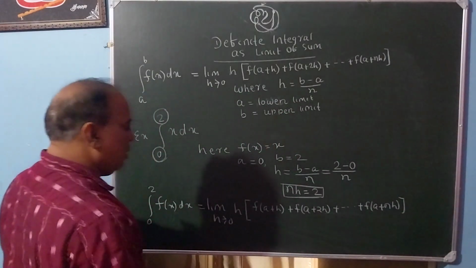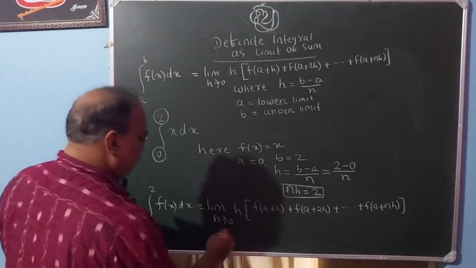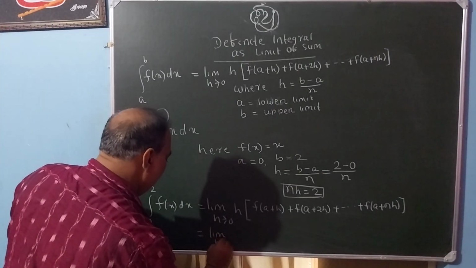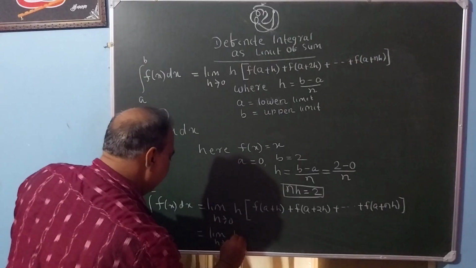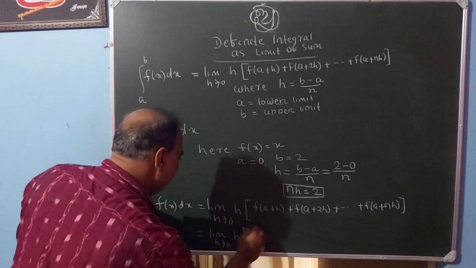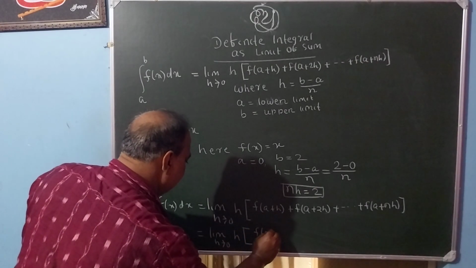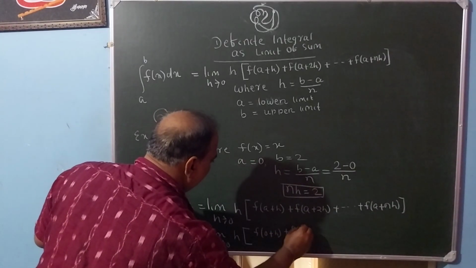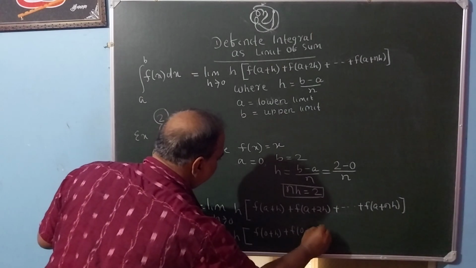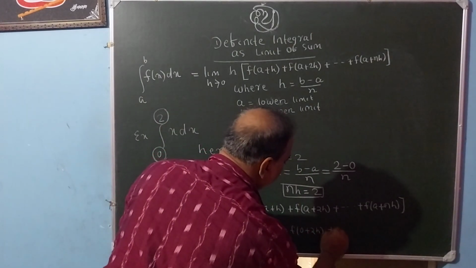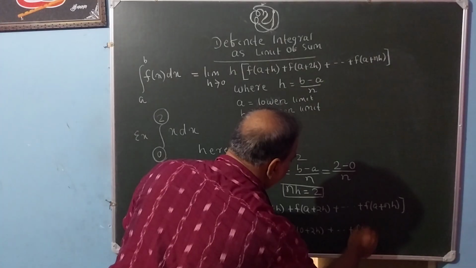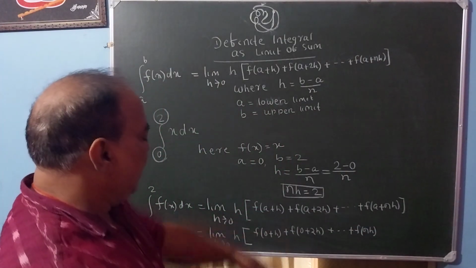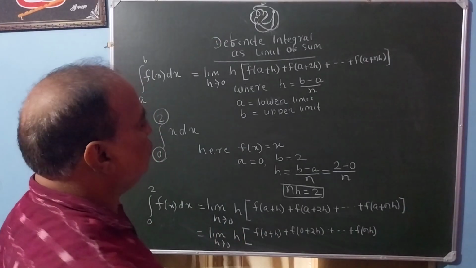Okay, now a is 0, applying limit h tends to 0, here it is h, f of 0 plus h, f of 0 plus 2h, dot dot, f of nh. In place of a, we have to put 0.